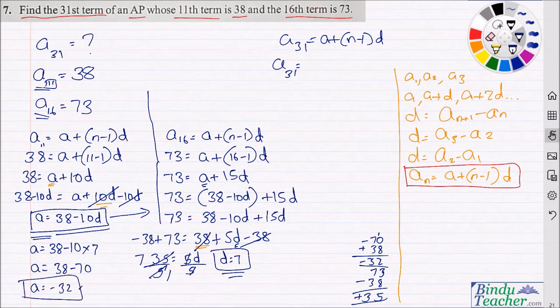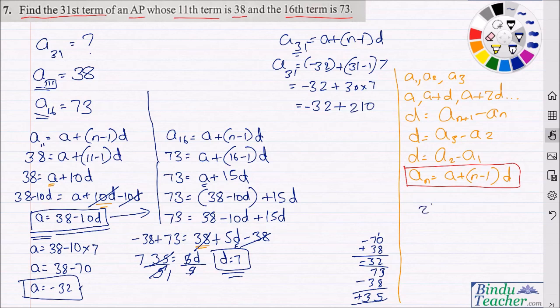Now let's use this here. We have minus 32 plus n, and n is 31, so 31 minus 1 into d. d is 7. Let's simplify this. Minus 32 plus 30 into 7 equals minus 32 plus 210.